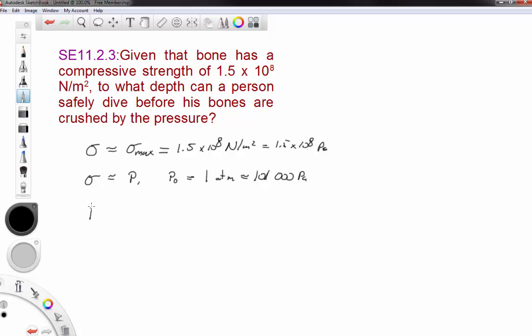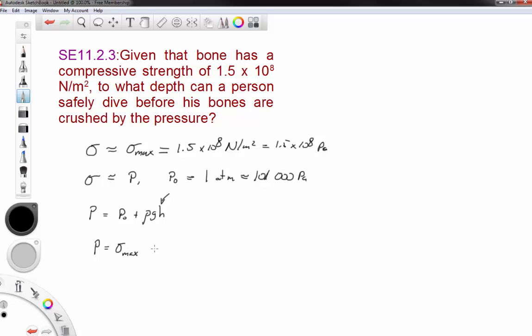So P is going to be P naught plus rho g h. And what we're looking for is this one right here, given that P is basically going to be the max stress.